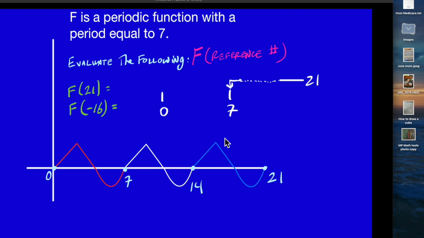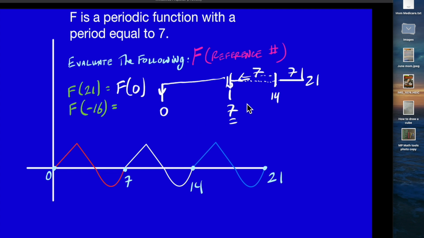But folks, 7 is not a reference number. Okay, let me be clear. 21 minus 7, that's one period, gets us to 14. Now we go another period, another 7, we're at 7. That is not a reference number. So now we have to go another 7, and we land on 0. 0 is a reference number.